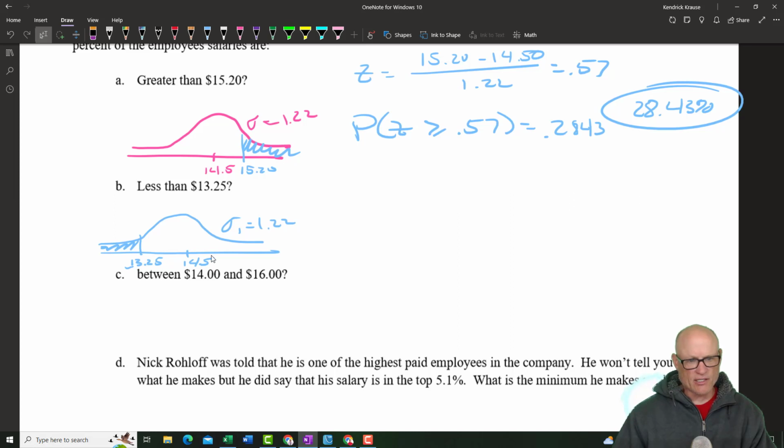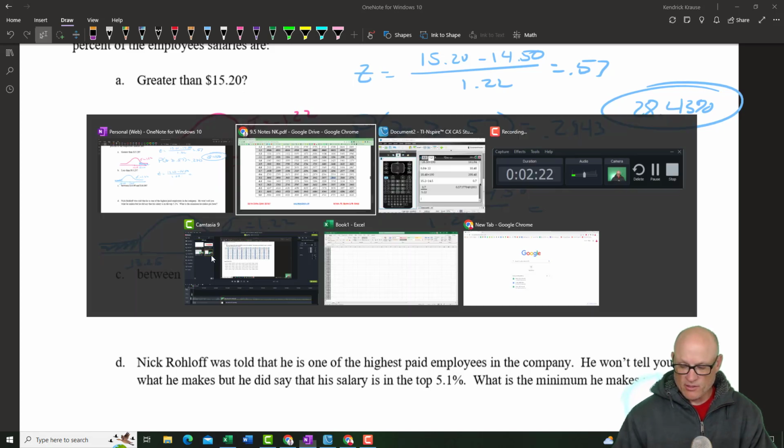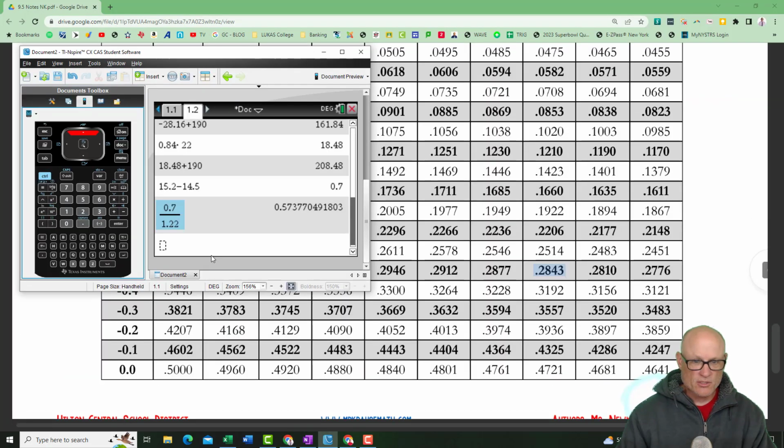Let's see. Yeah. So z equals 13.25 minus 14.50 divided by 1.22.